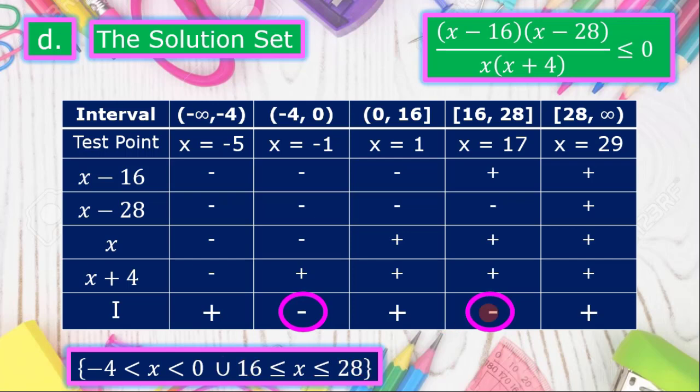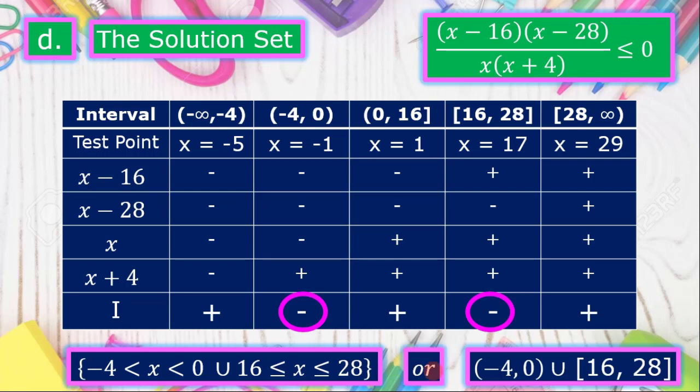We have 16, we include 16 less than or equal to x, and x is less than or equal to 28. Or we can rewrite this in the interval notation. We copy this interval -4, 0, union that with an open and closed bracket. This is a closed interval 16 to 28.